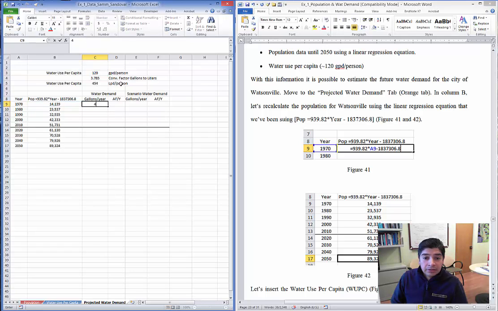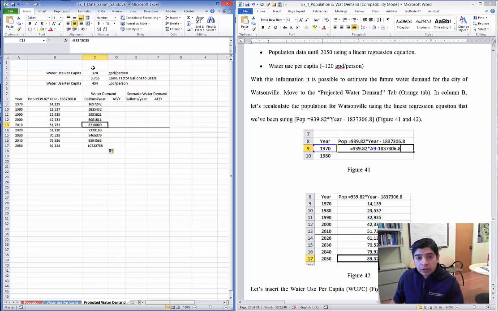So let's see what happens when I do this, and then I copy all of this. You can see that it's multiplying the population times the water use per capita. This value is moving vertically. This, because we fixed it with the $ signs, is just staying there.